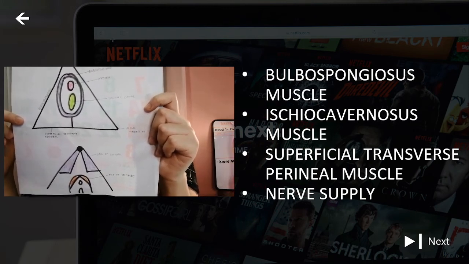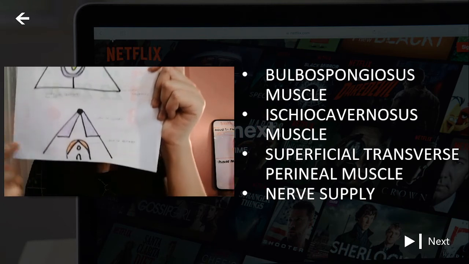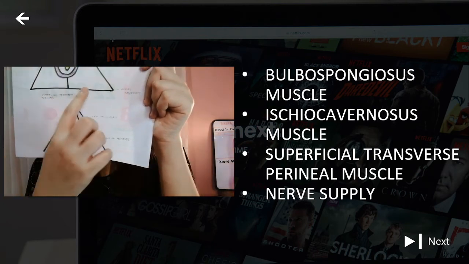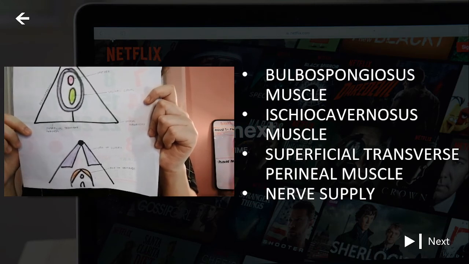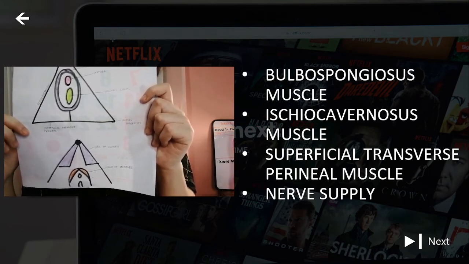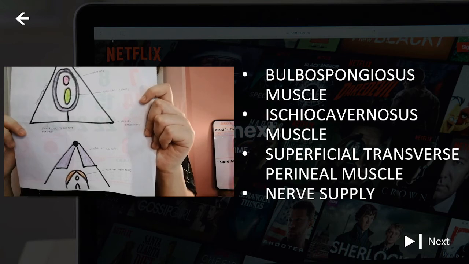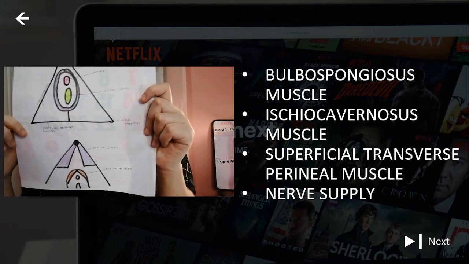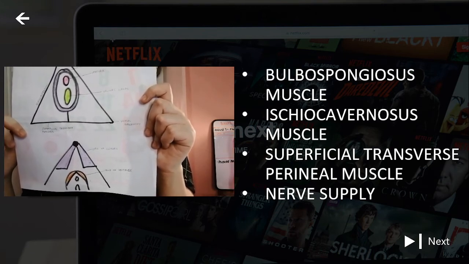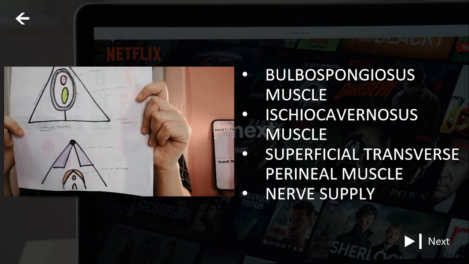And the superficial transverse perineal muscle is right here in this area. It is identical in structure and function to that of the male. And the nerve supply of the superficial perineal pouch muscles is the perineal branch of the pudendal nerve.